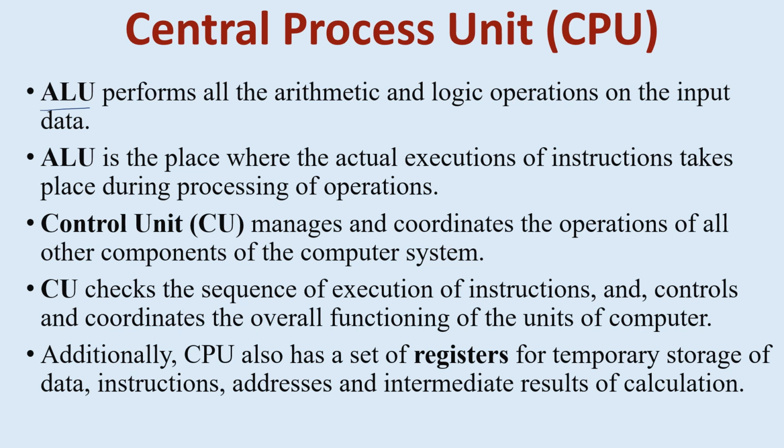So all processing on the input data is the responsibility of the arithmetic logic unit. ALU is the place where the actual execution of instructions takes place during processing of operations. So ALU executes all the instructions of an operation.